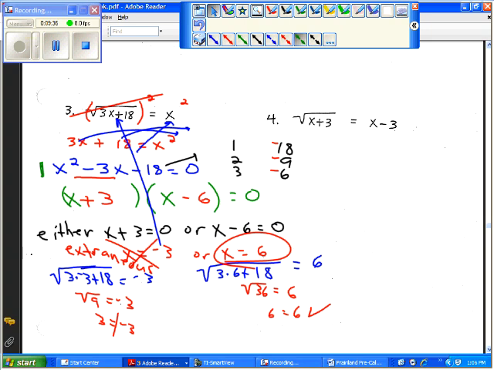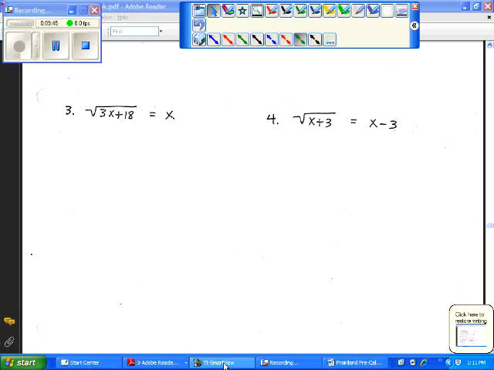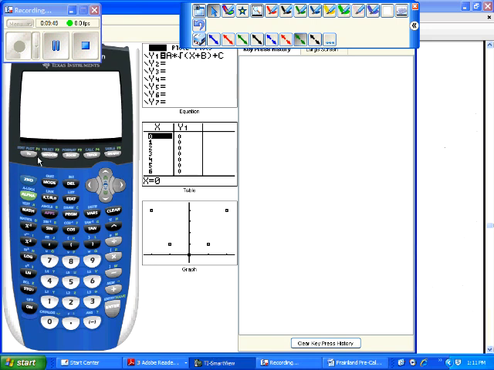Let's just play with that just a second. Everybody got that? I'm going to go to my graphing calculator. I'm going to go to y equal.